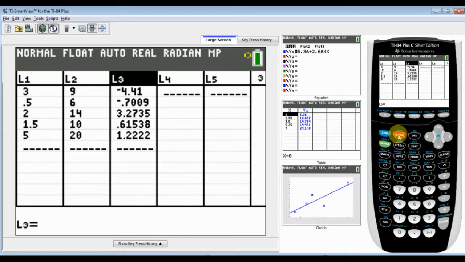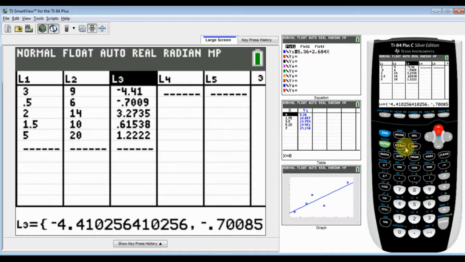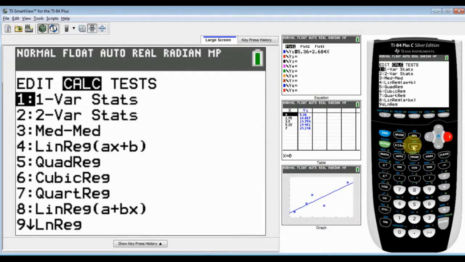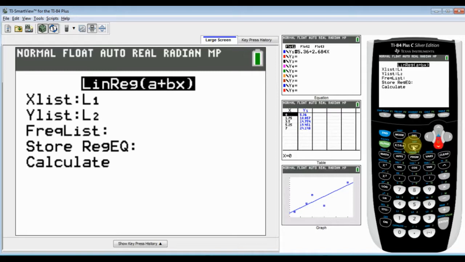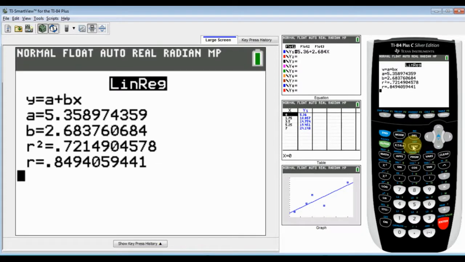You know what? I'm going to go backwards a little bit. I'm going to first of all run the regression line. Stat. Calculate. Linear regression. L1, L2. Calculate. And that gives me these values. The reason why I want to use the linreg right now is because my calculator only creates a residual list after you use linreg.